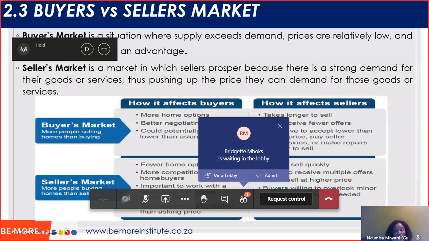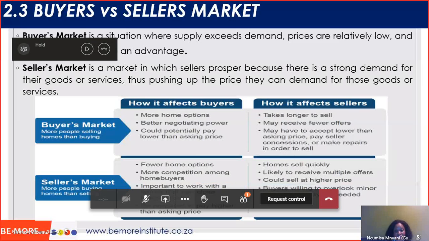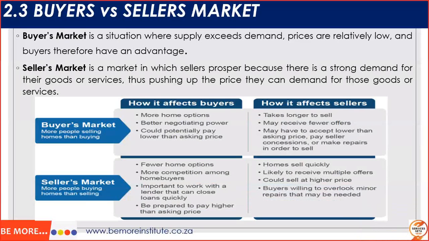You may have to accept lower than asking prices, pay seller concessions, or make repairs in order to sell. This is what happens when you can't sell your property. You could be advised to upgrade your kitchen or the bathrooms. Those are usually one of the strongest selling points in a home. So this is what happens. And then what happens, the impact of a seller's market.